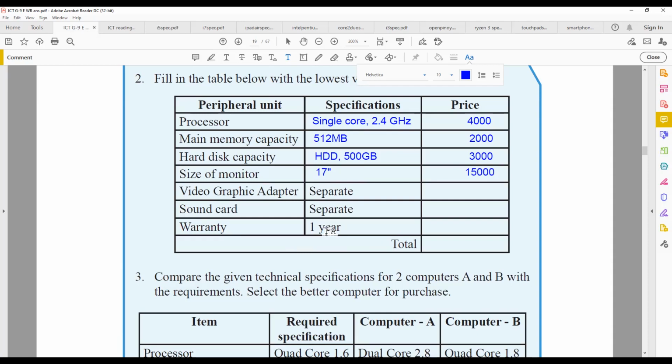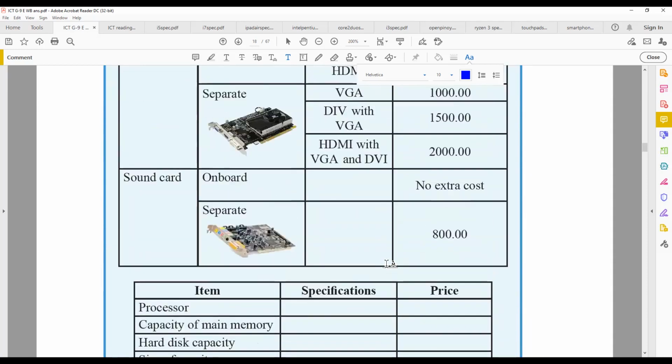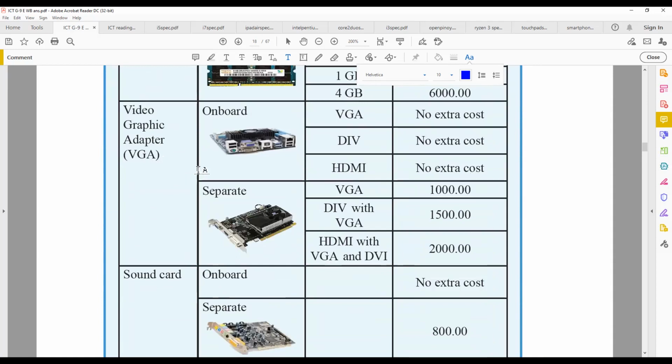Video graphics adapter VGA separate. The lowest price is with VGA 1,000.